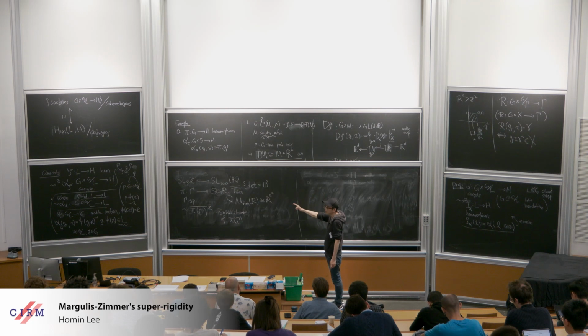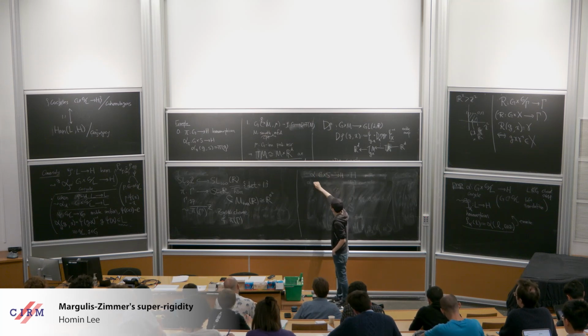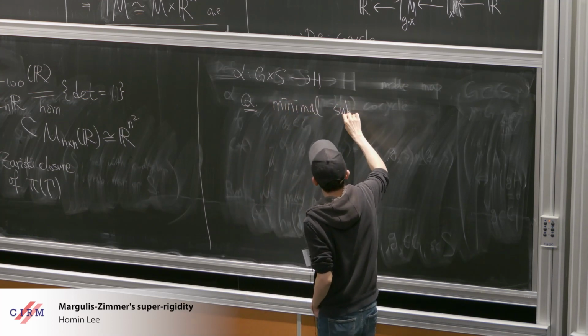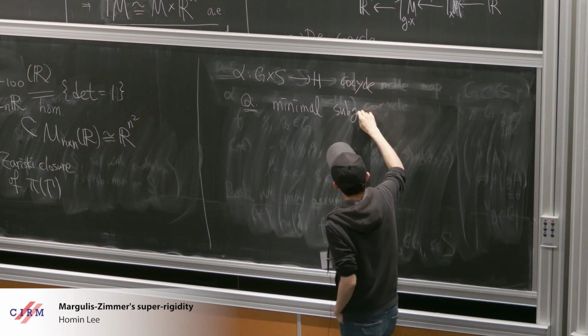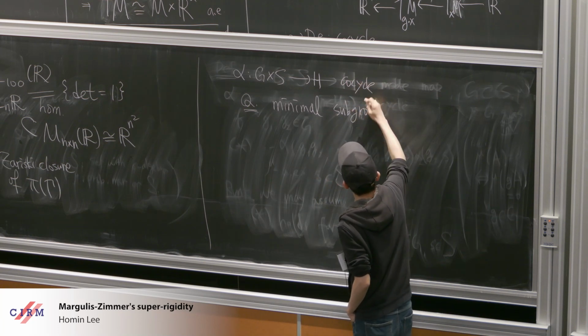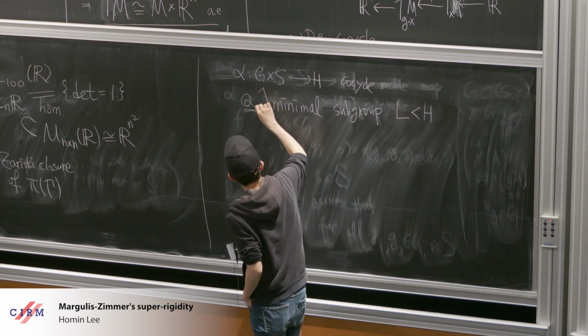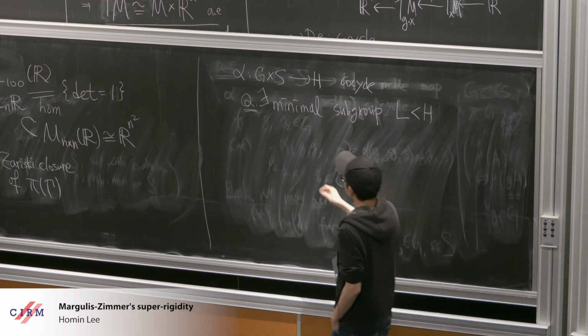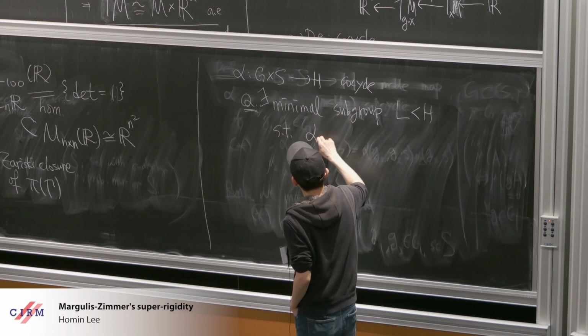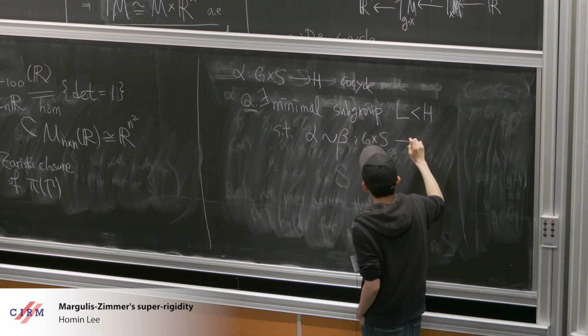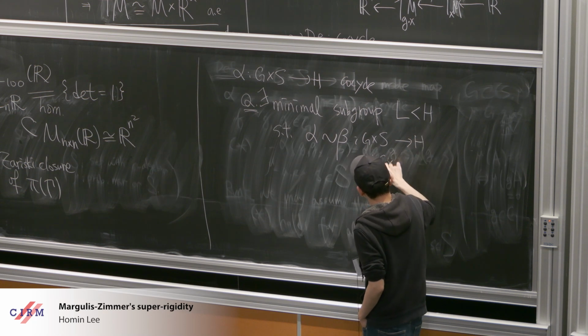If you have a cocycle from G times S to H, the question is whether there is a minimal subgroup L such that alpha is cohomologous to some beta, and it lands into L.